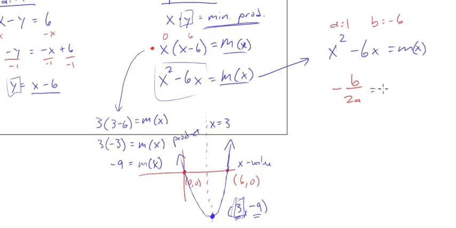So we have negative negative 6 over 2 times 1, which gives us positive 3.